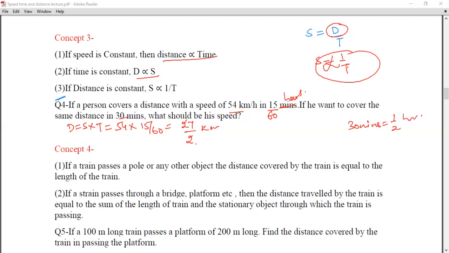As you can see, the distance is the same, so the speed is inversely proportional to time. So we write the speed is directly proportional to 1 by time. This implies 27 over 2 divided by 1 over 2. So that will be 27 kilometer per hour. That will be our speed.